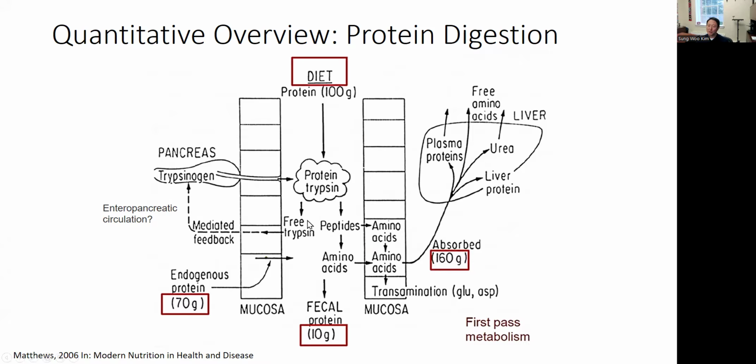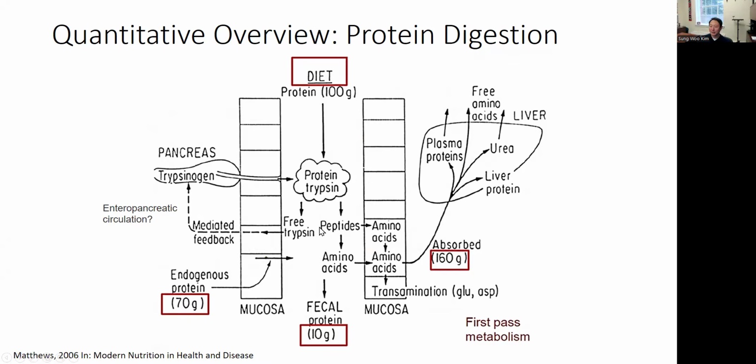But these enzymes are believed to be also digested in the small intestine into peptides and amino acids and absorbed. However, if you study deeper, there's a concept called enteropancreatic circulation. I put the question mark here.